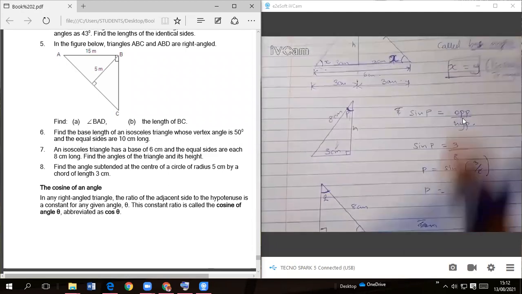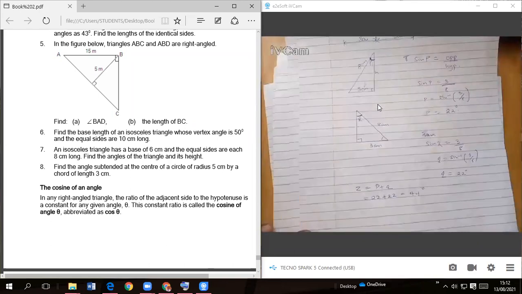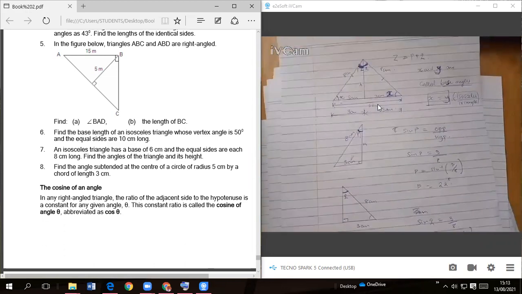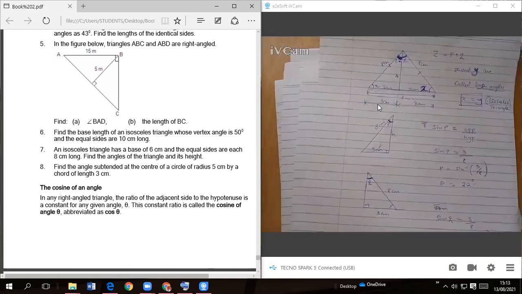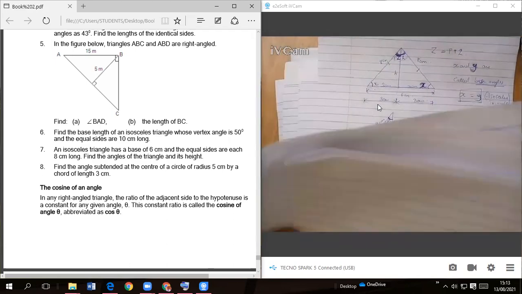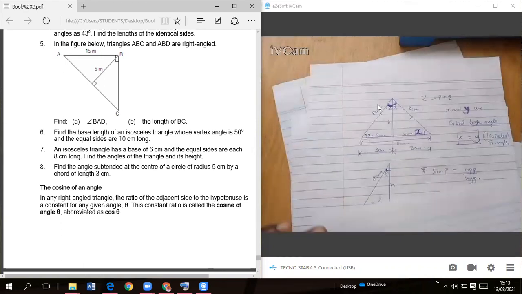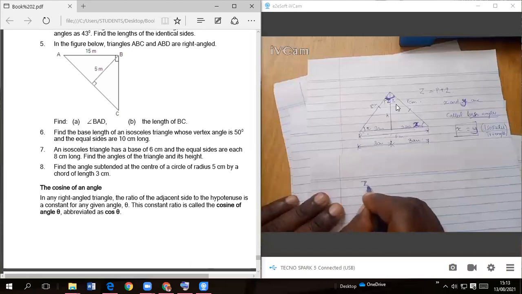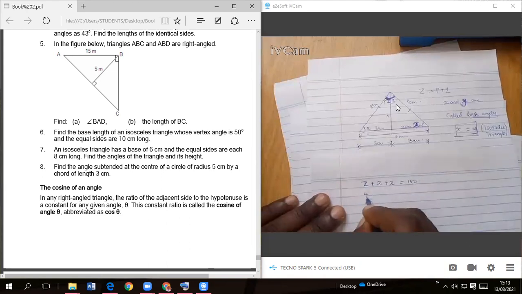So for me to get the value of X, I'm going to say that Z plus 2X equals 180, and Z we got was 44.